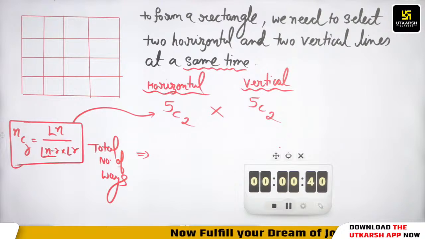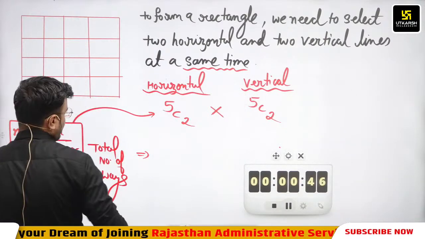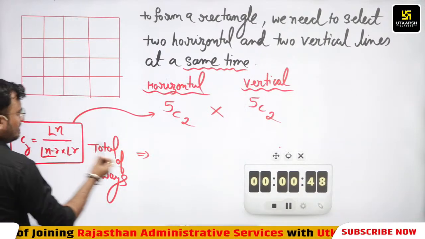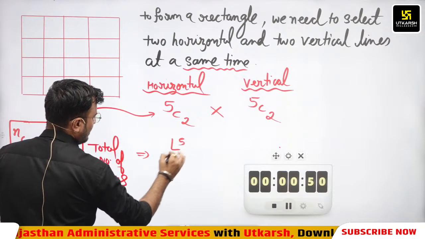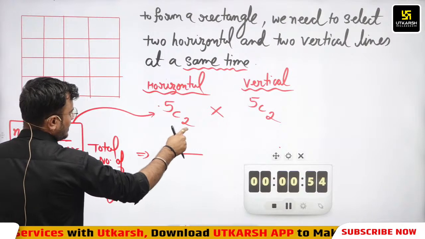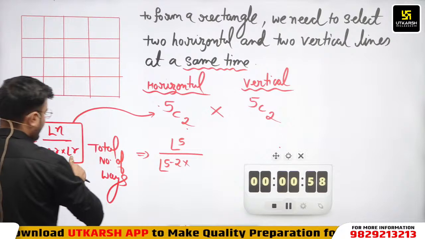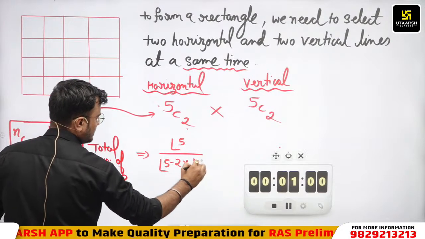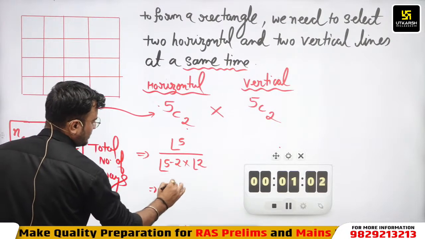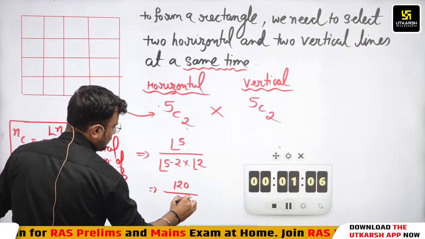So the answer will be the same. The answer will be 100. If you are solving 5C2, 5 is your n, so factorial 5 divided by factorial n minus r, which is 5 minus 2, and factorial r, which is 2. So factorial 5 is 120, factorial 3 is 6, and this is 2.